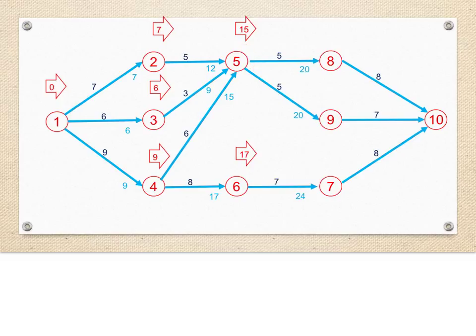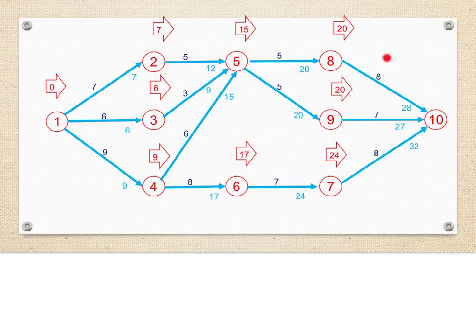We continue on by adding the durations and getting earliest finish times of 20 days for task 5.8, 20 days for task 5.9, and 24 days for task 6.7. These values then become the earliest start times for their subsequent events.